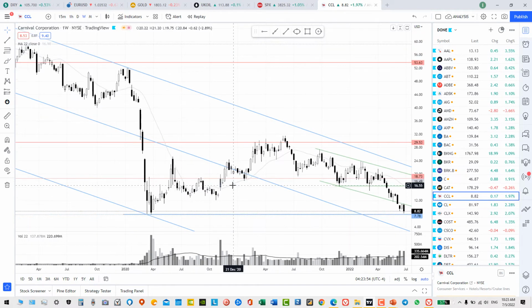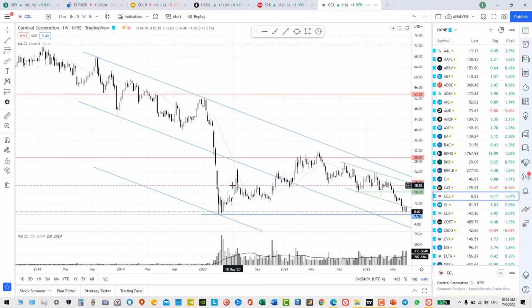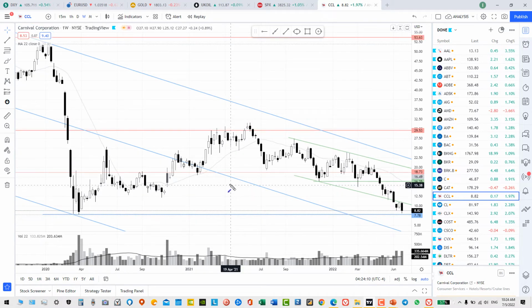So when we speak about the long-term picture, Carnival is in a major downtrend and is within an impulsive wave to the downside. And again, although it is testing a very important weekly support at approximately $8, there is no indication yet to be seen for a correction, because reflection will not be automatic.